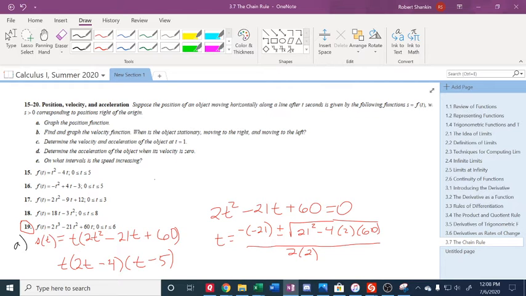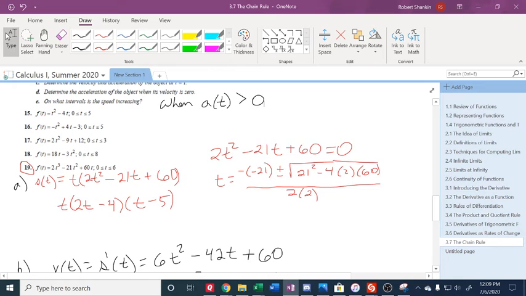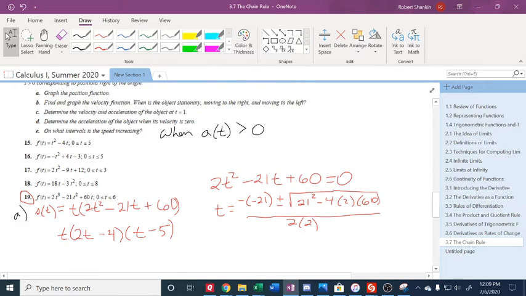When your speed is increasing, that's roughly the same as when your acceleration is positive. So the basic idea here is when the acceleration is greater than 0. Now, that can have an exception, but that's the basic idea of on what intervals is the speed increasing.